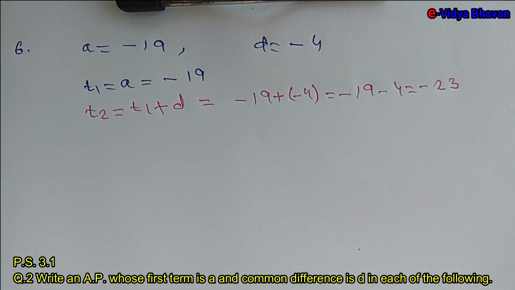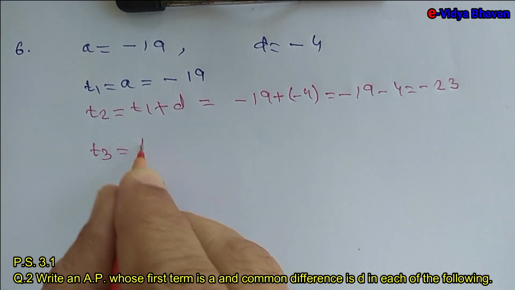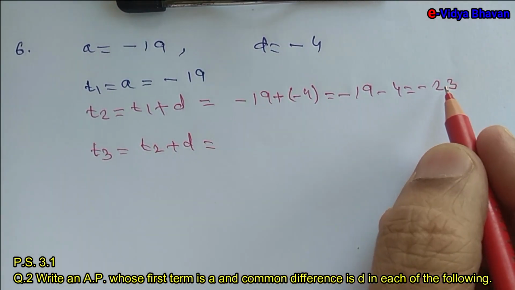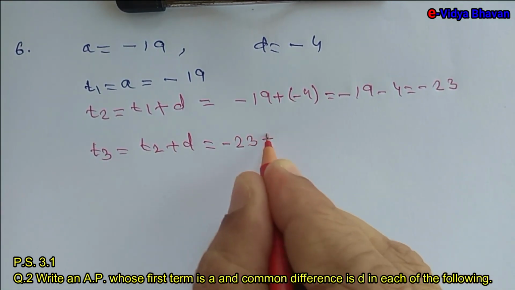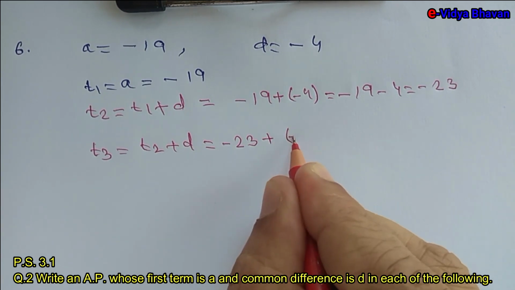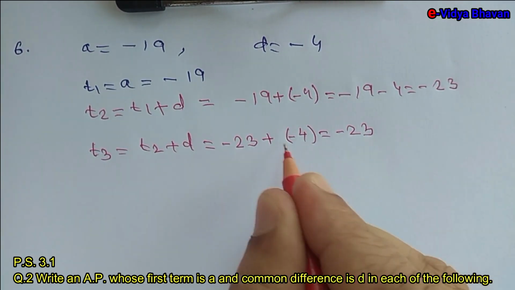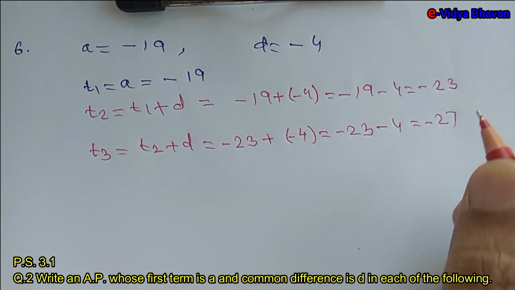Same way we have T3, T2 plus D. T2 we have already got it, minus 23 plus D minus 4. So minus 23 plus minus 4, minus 27.